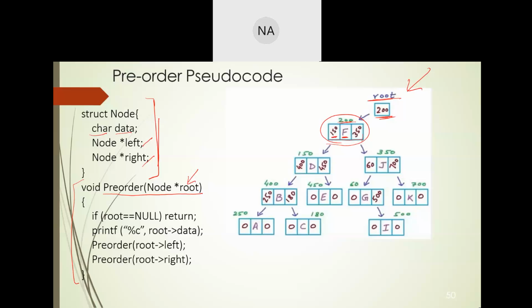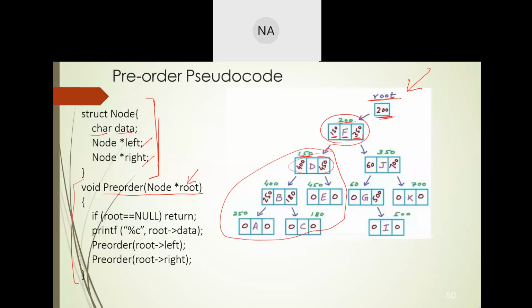That is, the address of the left subtree is 150 and the address of the right subtree is 350. The address of the left subtree means the address of the root node of the left subtree. So this is the left subtree, and the address of its root node is 150, so 150 is stored in the left position of the root node F, right?